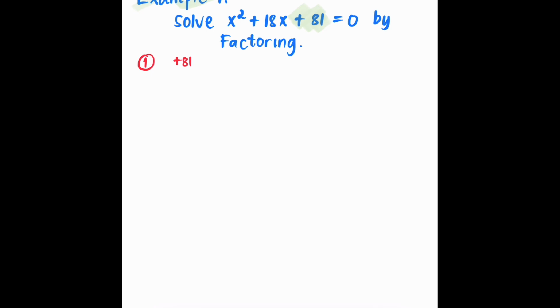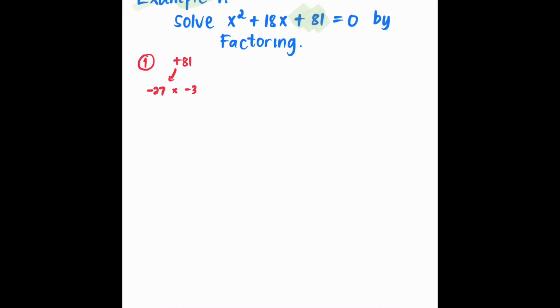So when I mean factors, list down the pairs of numbers that, if you multiply those two numbers, will give you positive 81. So you can do that by listing them down. So what are the possible factors? We have, say, negative 27 times negative 3.